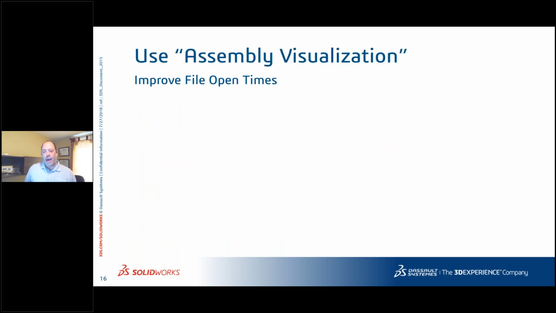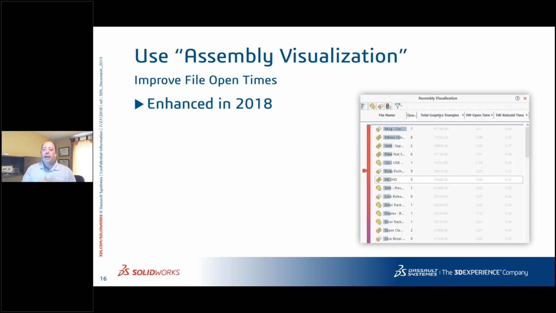Another thing that we have in 2018, now it's been enhanced in 2018, is the assembly visualization. So the assembly visualization tool has been in SOLIDWORKS, I believe, for like 6, 7, maybe 8 releases. So it's been there a while. But in 2018, we've made it more accessible, easier to get to.